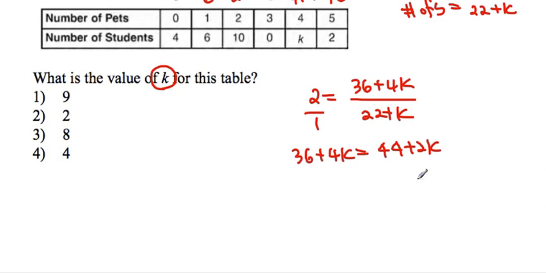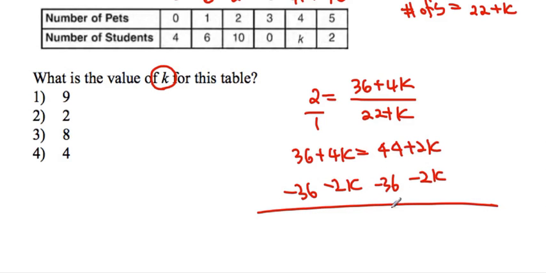Subtracting 2k from each side, subtracting 36 from both sides, we end up getting 2k is equal to 8. That gets us k is equal to 4. So 4 becomes our answer.